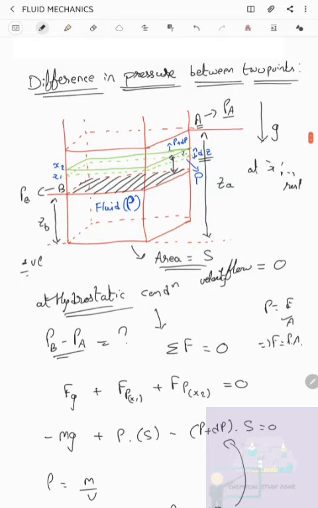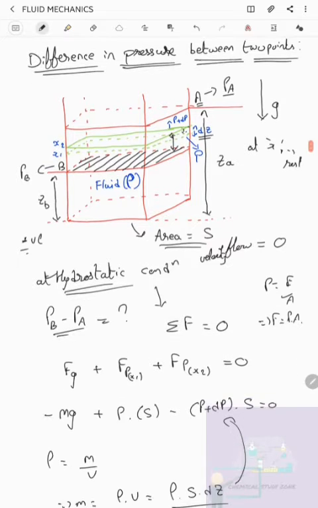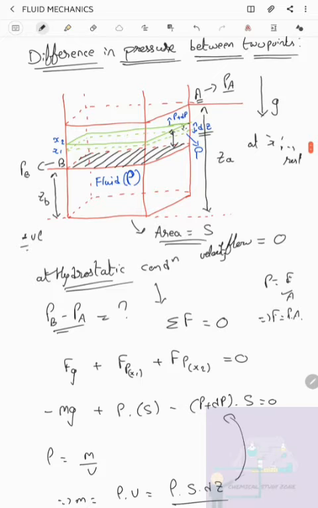Before solving this, I just want to solve for this small differential part, which is dz. After integrating this part, I can get the entire pressure difference of this beaker. So let us consider the fluid is static at this point x1, which means the green dotted line marked over here.